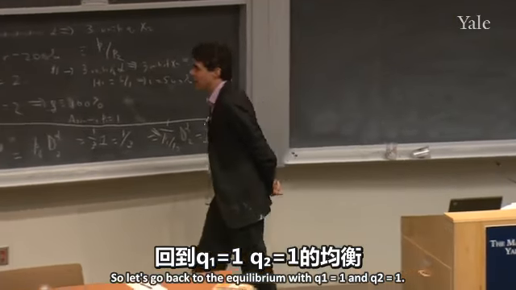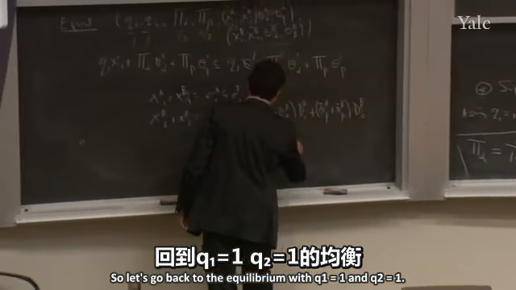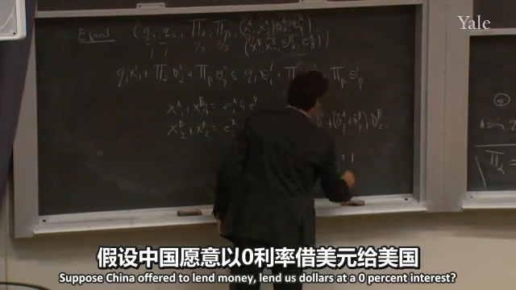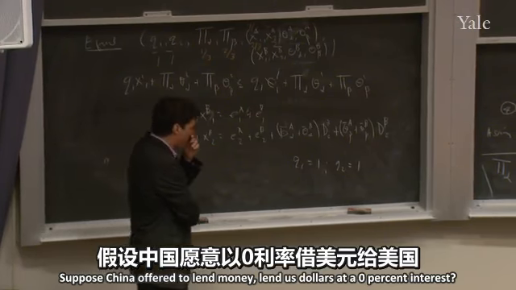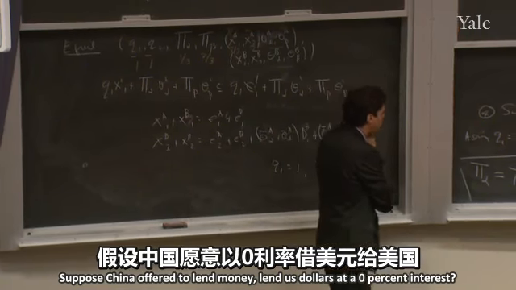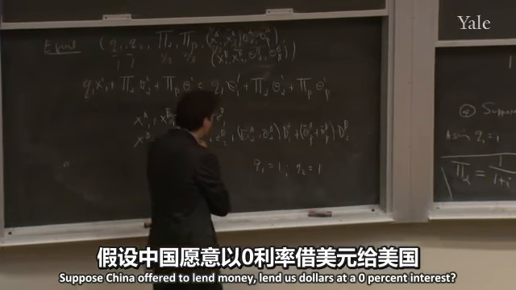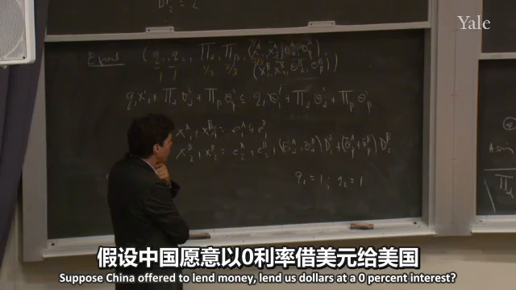Let's go back to the equilibrium with Q1 equal 1 and Q2 equal 1. Suppose China offered to lend us dollars at a 0% interest.